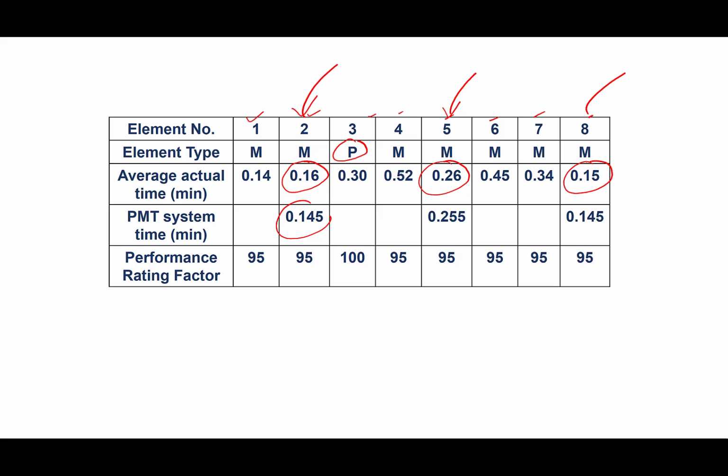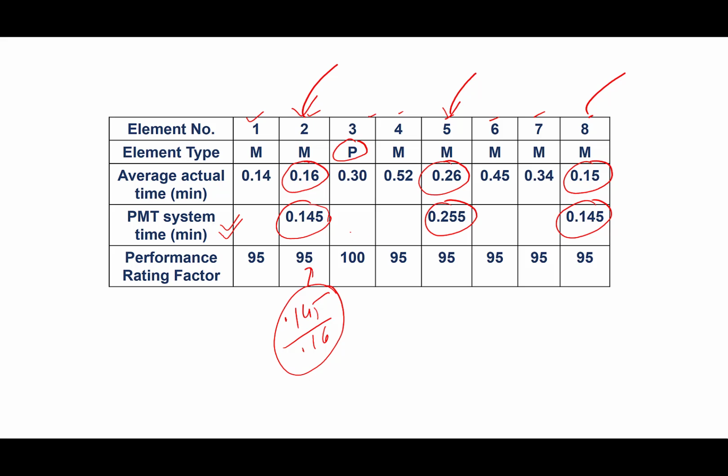Then the time for performing the same activity is obtained from the PMTS system, that is the database system, and the ratio of these two gives us, like, 0.45 divided by 0.16, for instance.